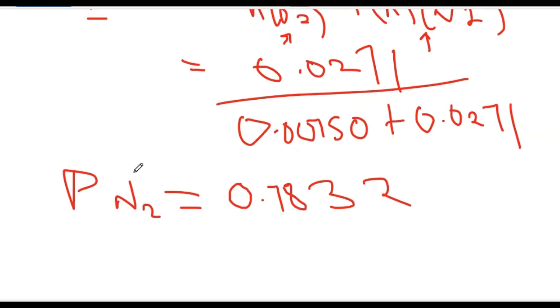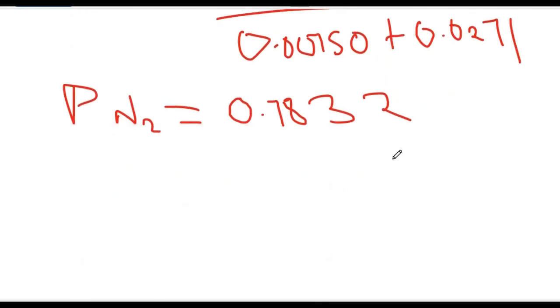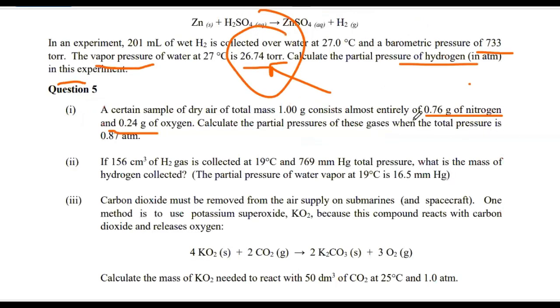So this is my mole fraction of this nitrogen gas, because there I was using moles. So my mole fraction of the nitrogen gas is this. Then to find the partial pressure now, I have to multiply that mole fraction by the total pressure. What was the total pressure that was given in the question?